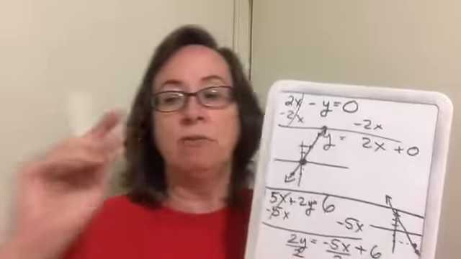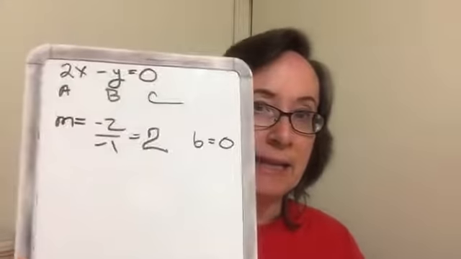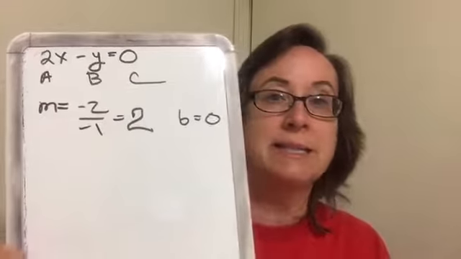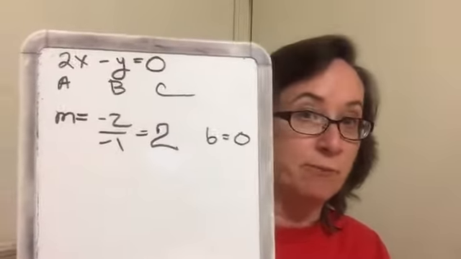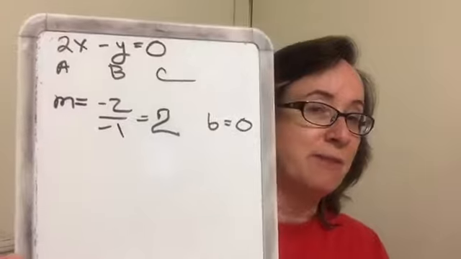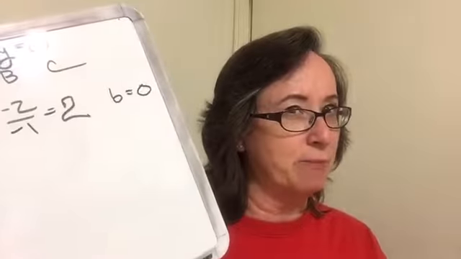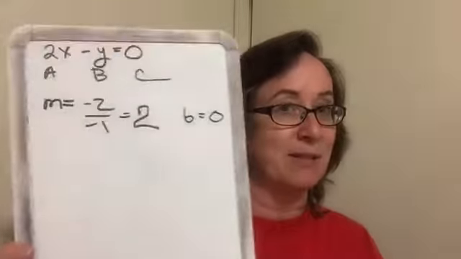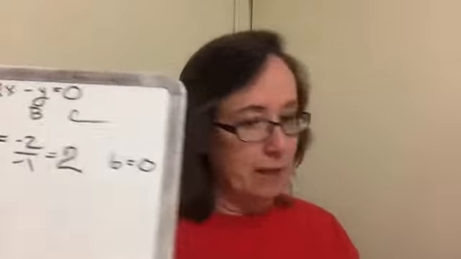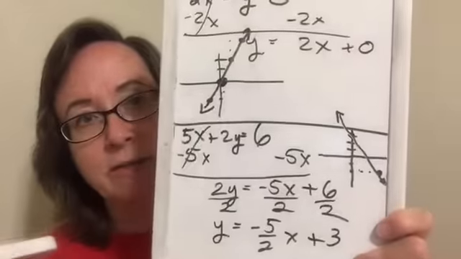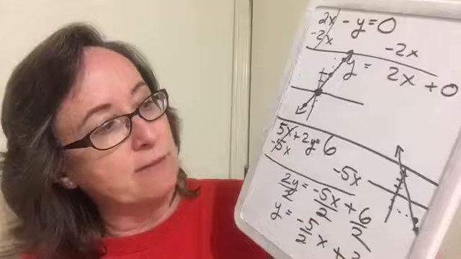So if you know this little handy dandy switcheroo from standard form to slope-intercept form, you can usually very quickly eyeball a problem and figure out what its slope is without having to do a lot of work. The other equation that I was going to work for you is 5x plus 2y equals 6. So I'm going to do that one right here. 5x plus 2y equals 6.